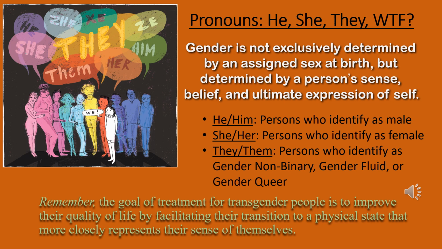But for us as clinicians, the goal of treatment for transgender people is to improve their quality of life by facilitating their transition to a physical state that more closely represents who they identify as their sense of self. And to me, it is no different than somebody undergoing plastic surgery who needs fillers or a rhinoplasty in order to make them feel better about who they are or who best reflects who they are as a person.